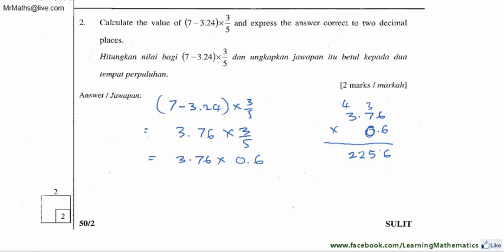So where do we put the decimal place? There are 2 decimal places in this number and 1 over here, so we have 3 decimal places. The answer is 2.256. But the question requires us to put 2 decimal places only. So that is 2.26. We round up from 5 to 6 because the digit after 5 is 6. Alright, and move on to number 3.